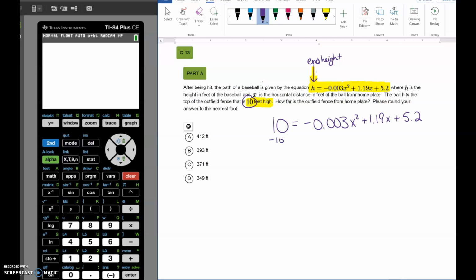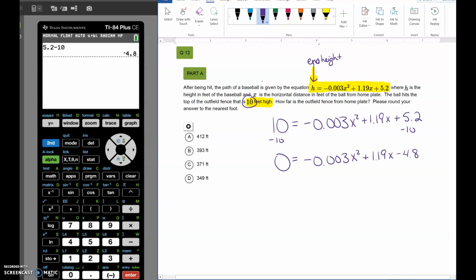So we then need to subtract 10 on both sides. So we're going to have 0 equals negative 0.003x squared plus 1.19x, and then 5.2 minus 10, which is negative 4.8.